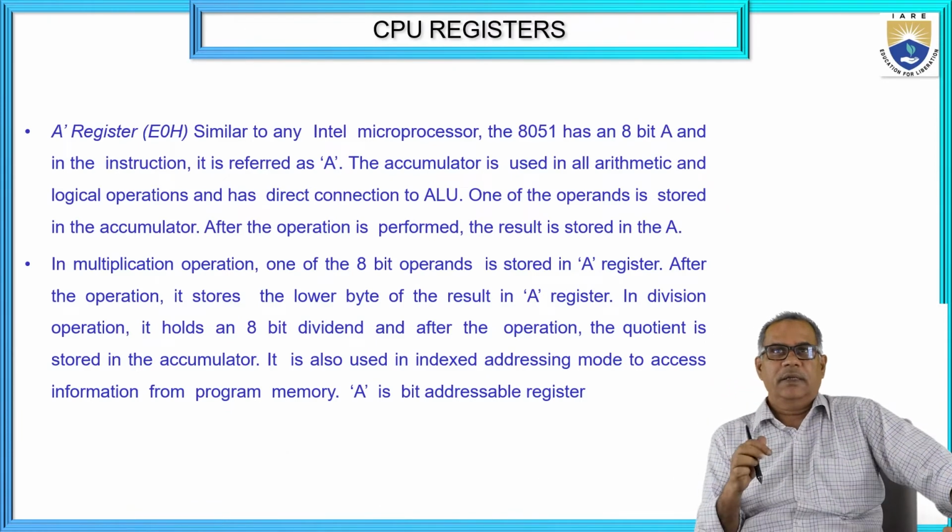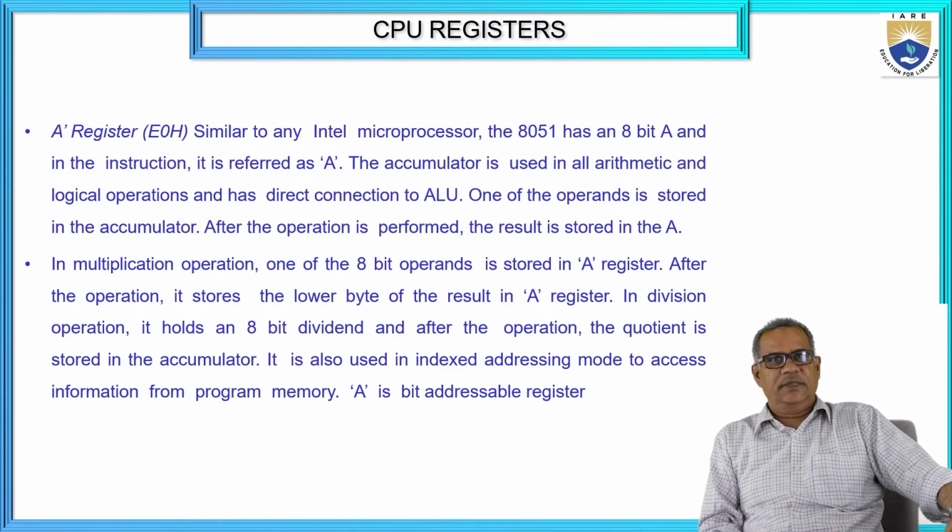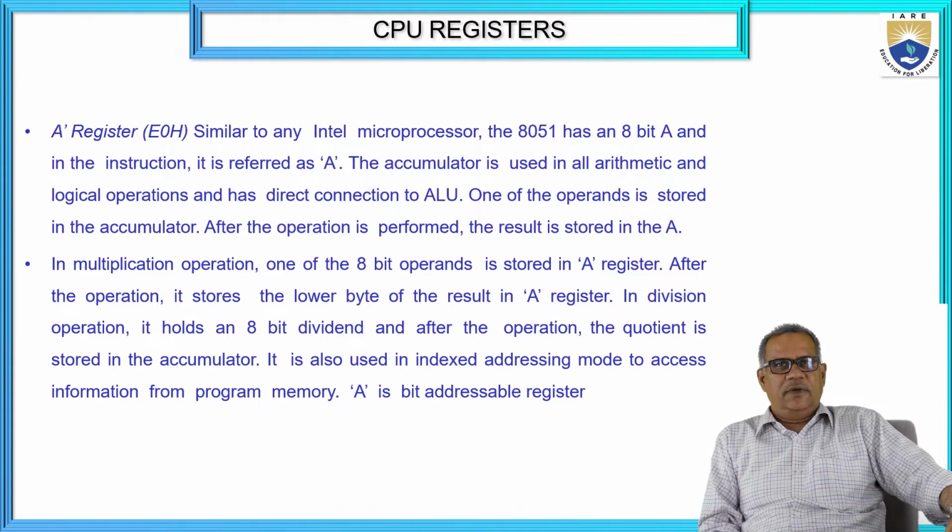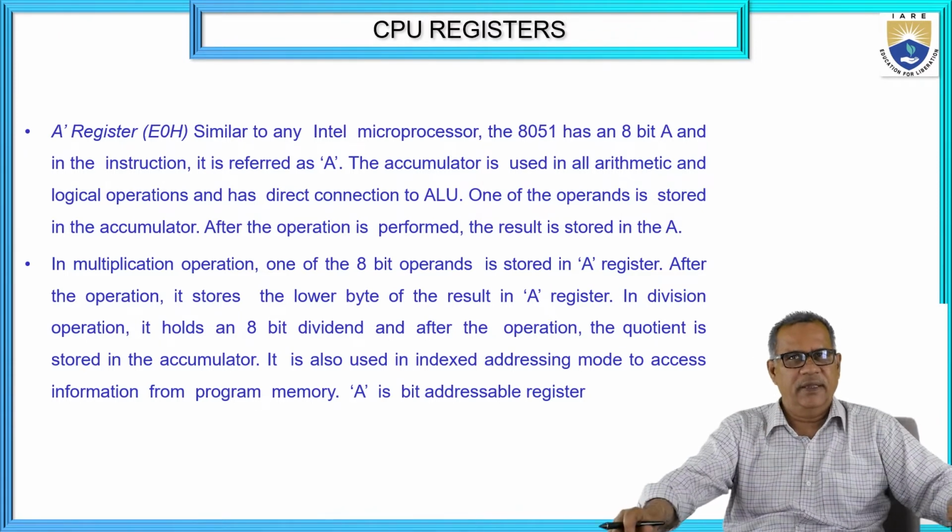Now let us discuss the registers in more detail. The A register, the address of it is E0H. This is similar to any Intel microprocessor. The 8051 has an A register, which is an 8-bit register, and it is used for all arithmetic and logic operations, and it has a direct connection with the ALU.